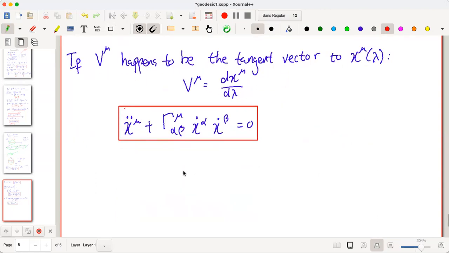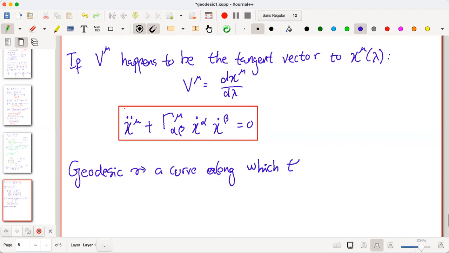Another way of saying this is that I can use this as a definition of a geodesic. So this is a new definition, or a new way of looking at the geodesic. So a geodesic can be defined as a curve along which the tangent vector is, we call it autoparallel.